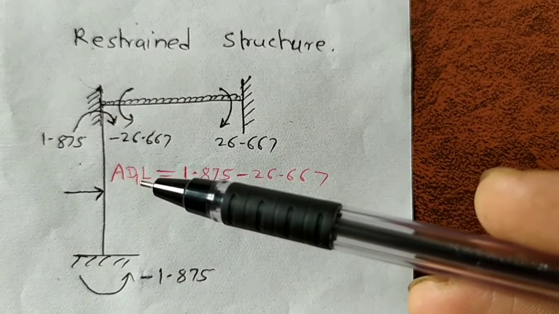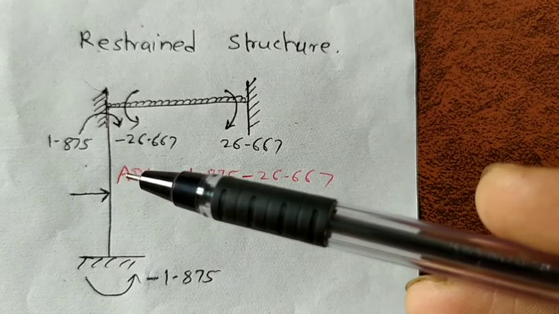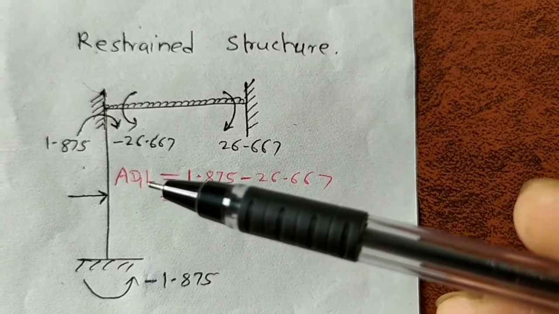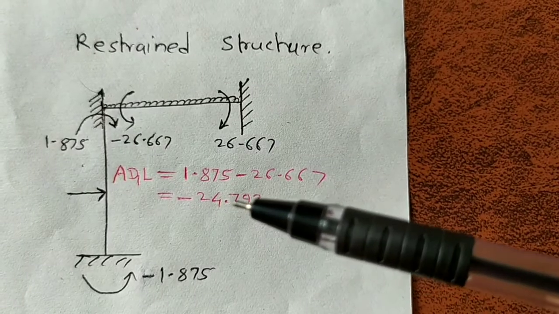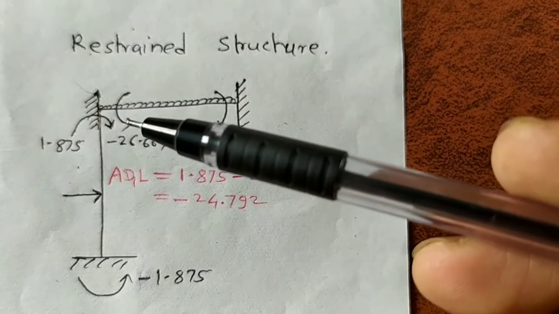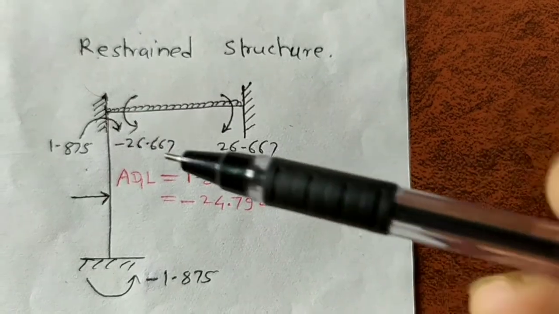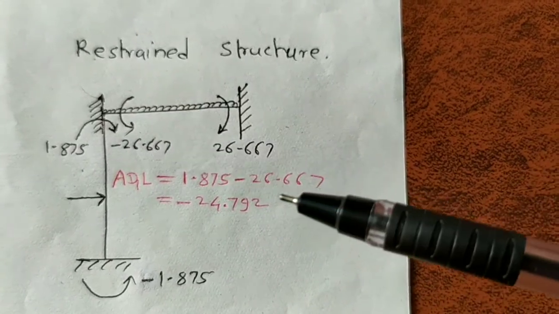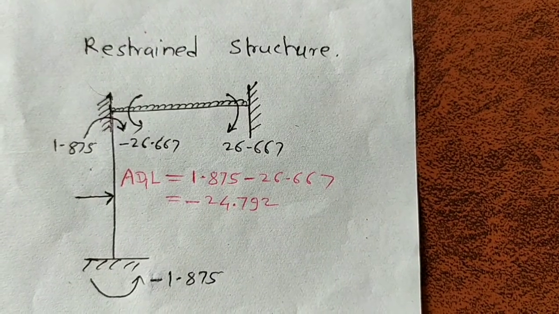So this is AD1L, where L stands for loading: action in the direction of 1 due to loading. It comes out to be this. Both are anti-clockwise, that's why I have taken them so. This is going clockwise, so it is positive, and this is going anti-clockwise, that's why negative. So just take the addition of these, and we get AD1L.